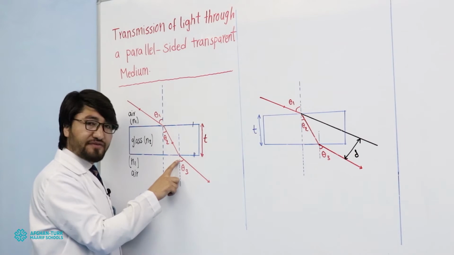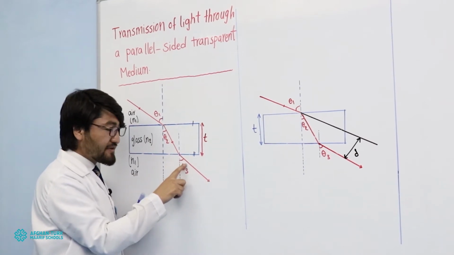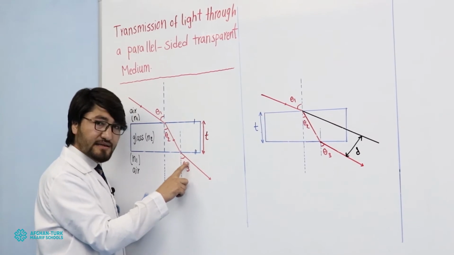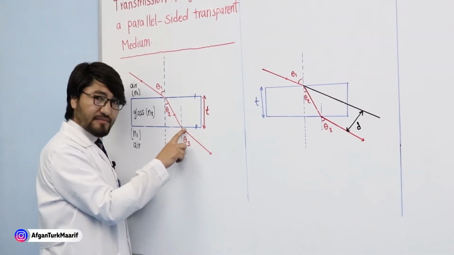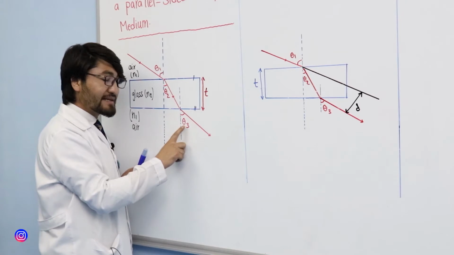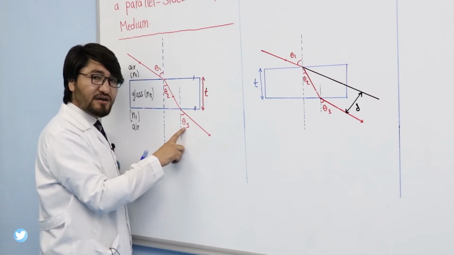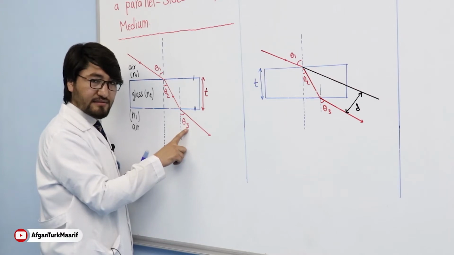And the second refraction occurs, you see the figure? The second refraction occurs when the light leaves the medium and emerges with angle theta 3. Theta 3 is called the emerging angle.